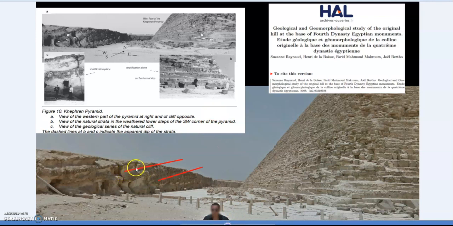They also point out the natural lines of the rocks that they've carved down, and it's also reflected in the surviving corner of Khafre's pyramid.